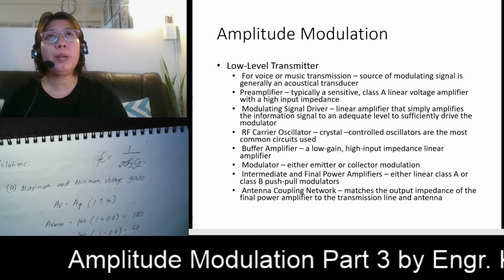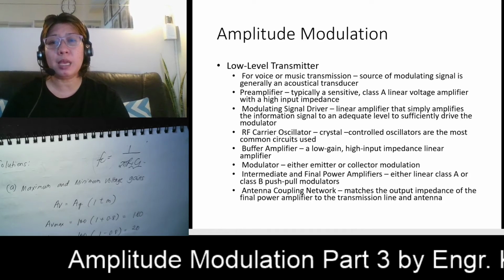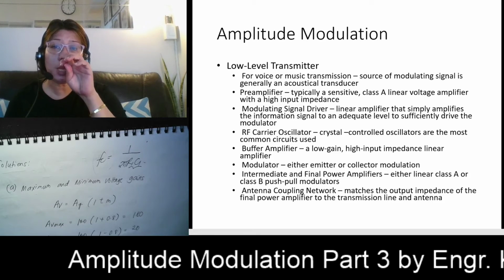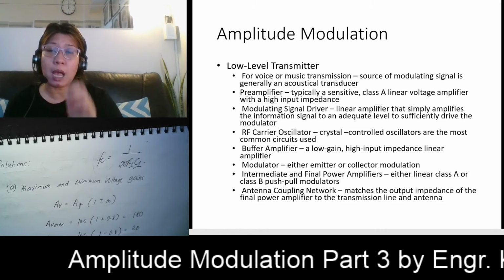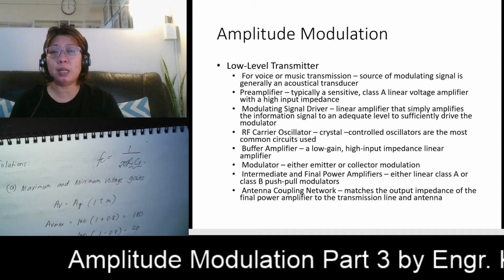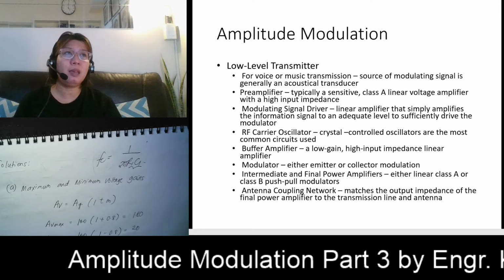Your preamplifier here is typically a sensitive Class A linear voltage amplifier with high input impedance. The main purpose of your preamplifier is to raise the amplitude of the source signal to a usable level while producing minimum nonlinear distortion and adding as little thermal noise as possible.